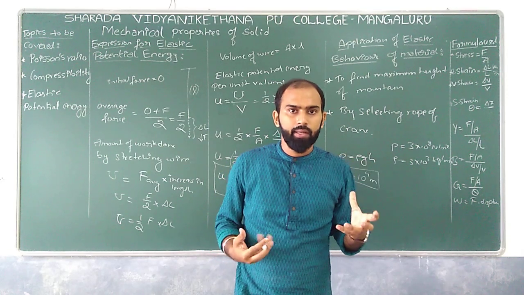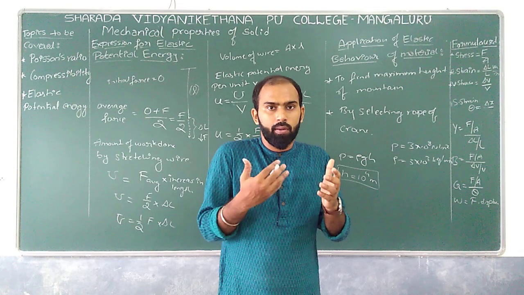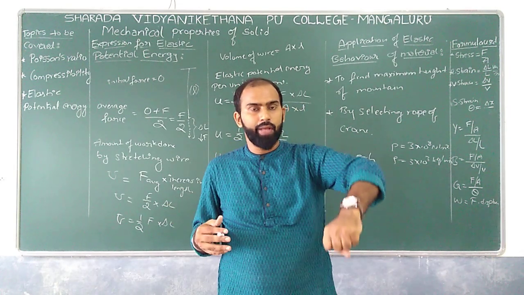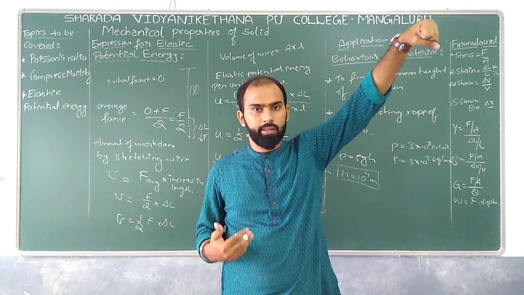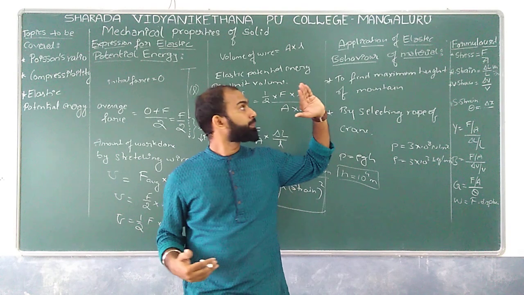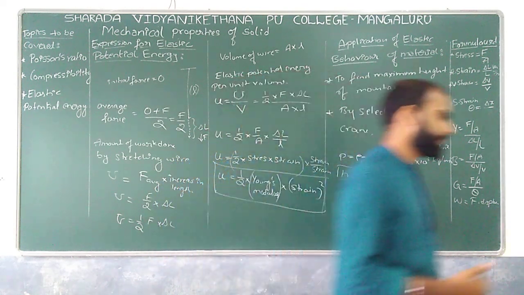So steel is a comparatively better choice than aluminium wire, so that you can lift any object easily. So this is how exactly the application of elastic behavior of the material works.